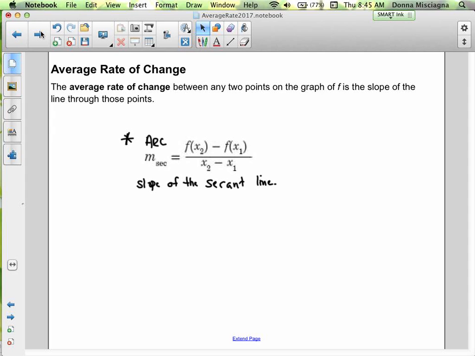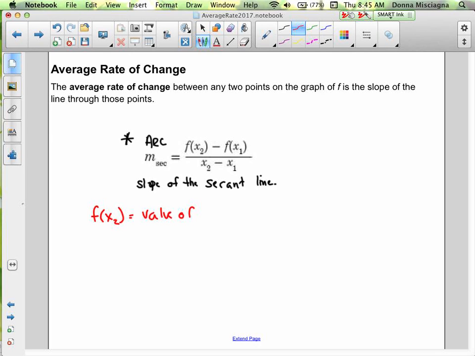So f of x2 is just the value of the function for a given x value.